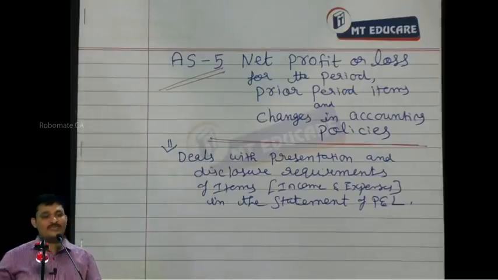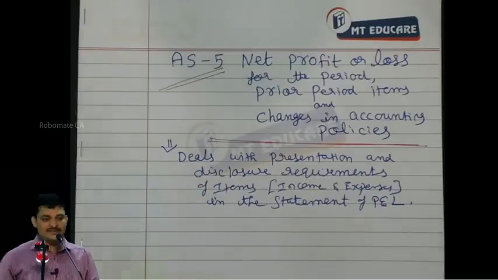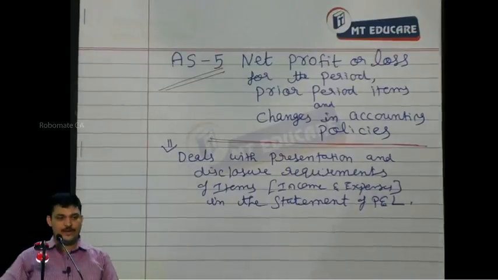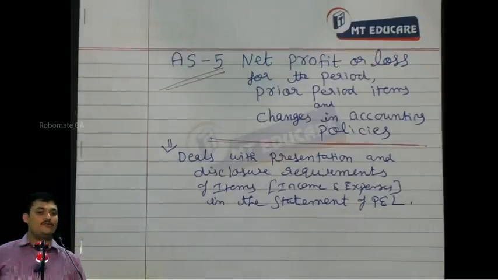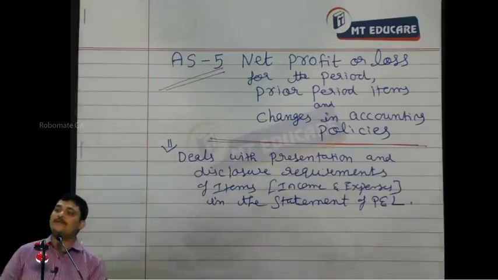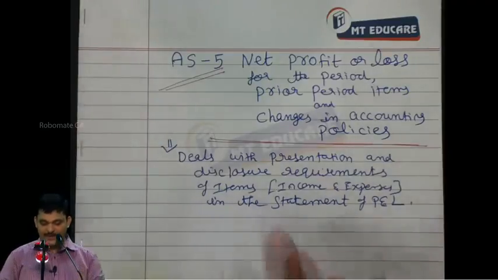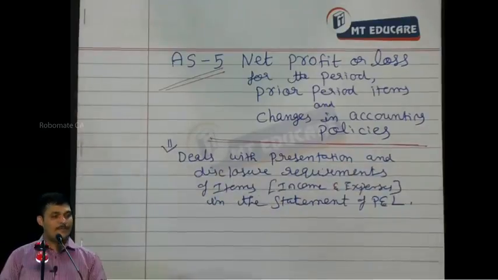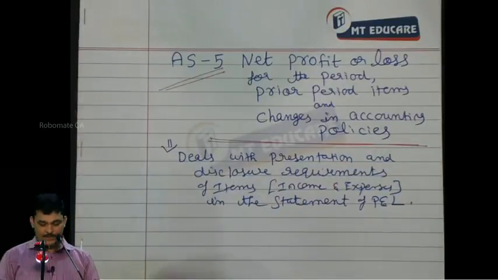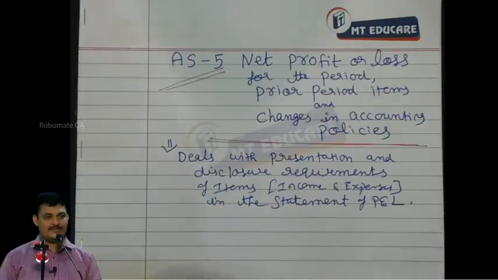In the balance sheet we have specific groups called current, non-current, assets, liabilities, and under them specific subgroups. Such grouping was not there for P&L. Now we have some minimum grouping made by this AS5. So AS5 is primarily dealing with what? Presentation and disclosure requirements of items, incomes and expenses in the statement of P&L.